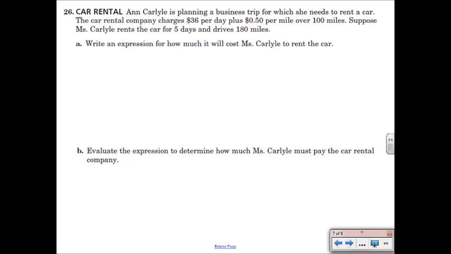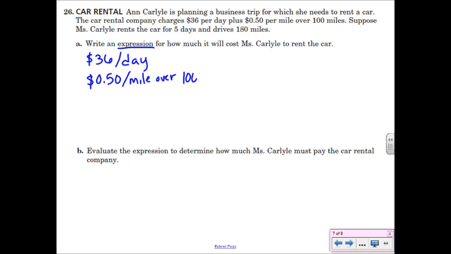So remember, expression is from the last section. We're going to write a way that we could solve this problem. We're not going to solve it just yet. So they're going to charge $36 per day, and they're going to charge 50 cents per mile over 100.